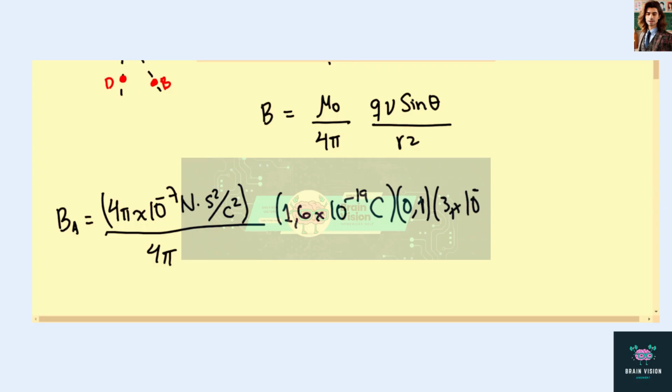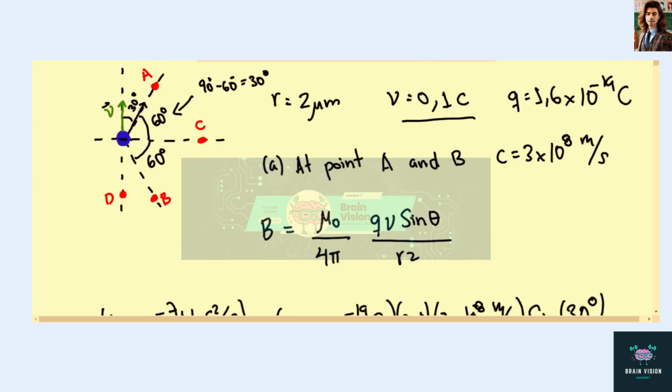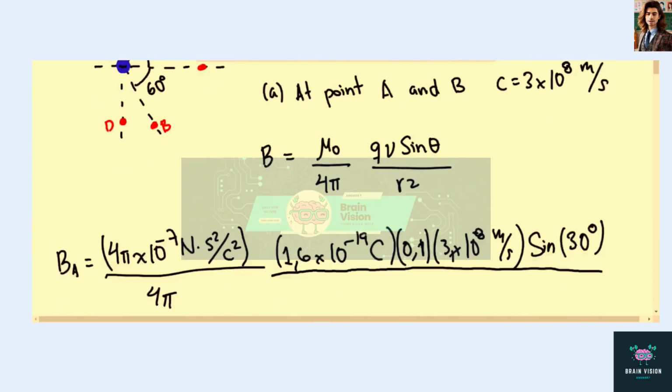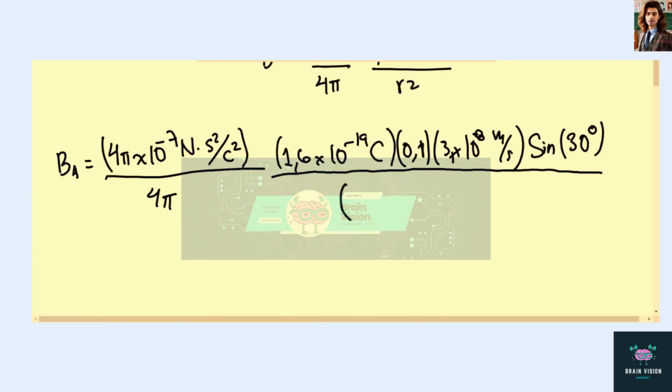And the angle, as we said, is 30 degrees. And the distance to that point is 2 micrometers, which is 2 times 10 to the minus 6 meters.